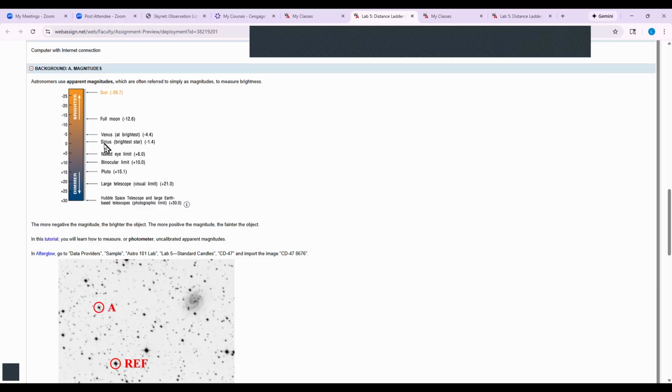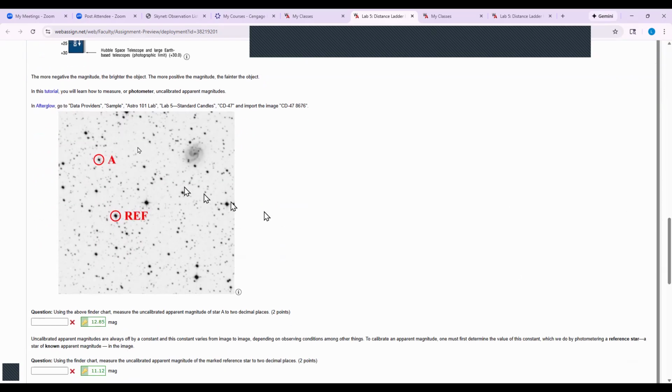For example, the brightest star is minus 1.4, although in ancient times they called it magnitude 1. Pluto is plus 15.1. Anything above 6 is the naked eye limit, you cannot see it with your eyes, but you have to use binoculars or a large telescope, small and large, to see it further.